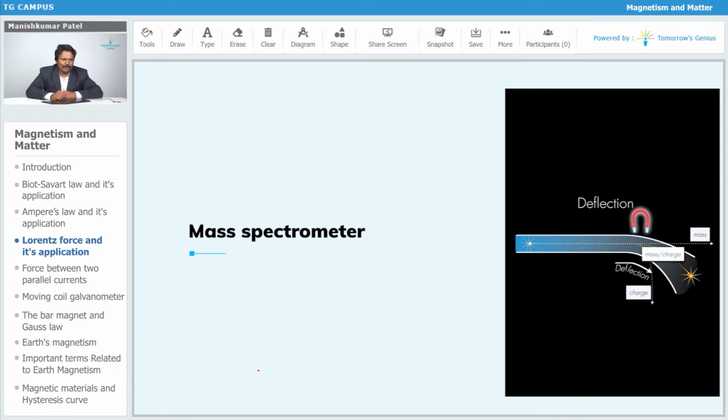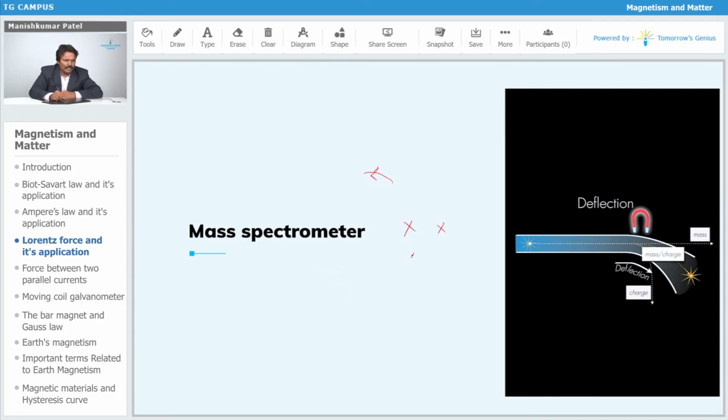Again, the mass spectrometer works on the same idea. You project the charge, and it is going to perform circular motion, moving along a circular path with some radius, which we can derive next.